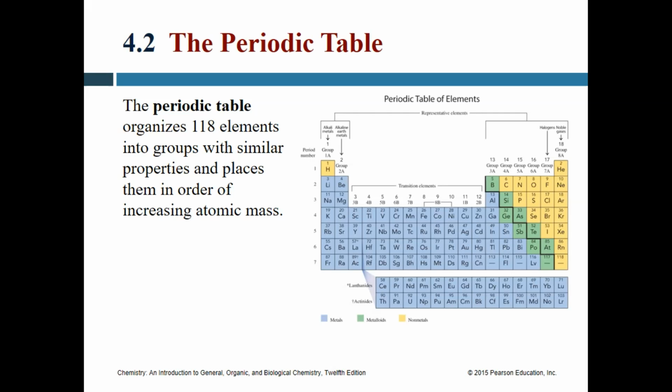You can see on this periodic table there are 118 known chemical elements, and we arrange those elements into two different kinds of groupings.